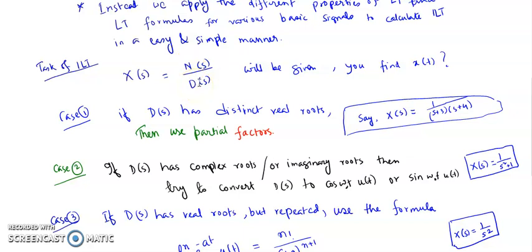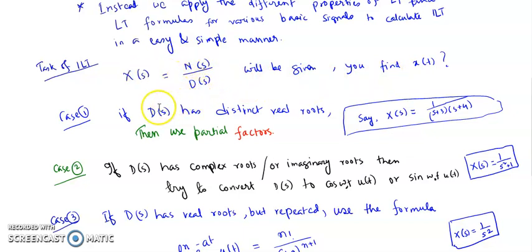So D(s) represents the function in the denominator, and N(s) represents the numerator of the fraction X(s). So if X(s) is given, then how do we find x(t) using this function?